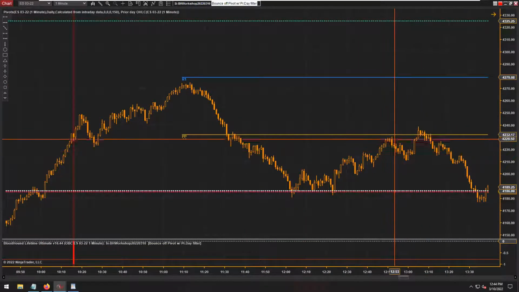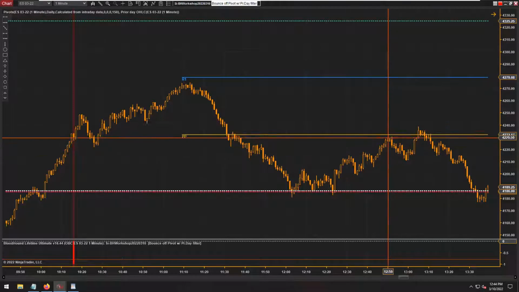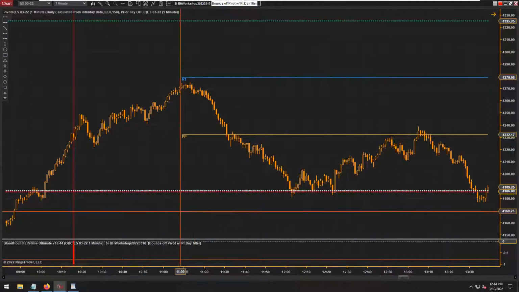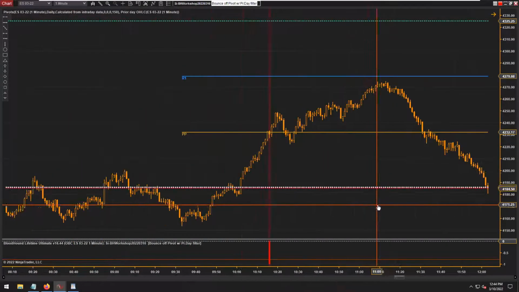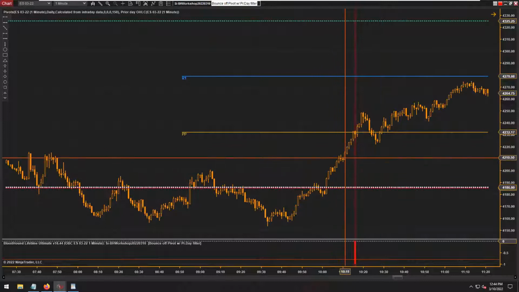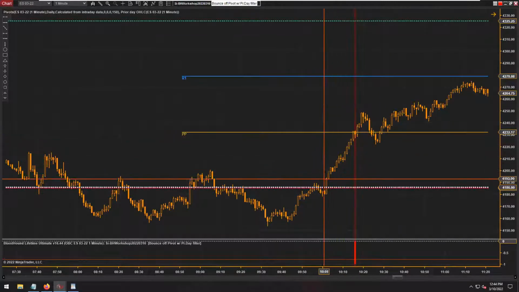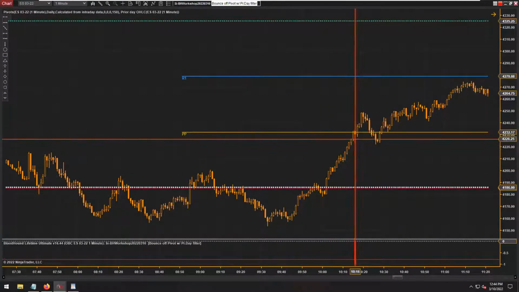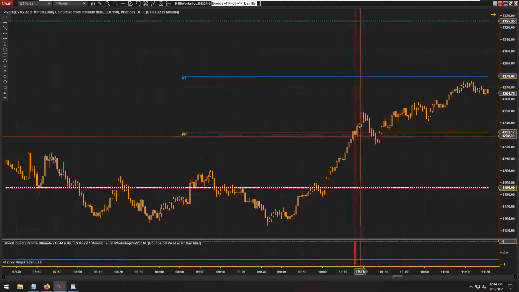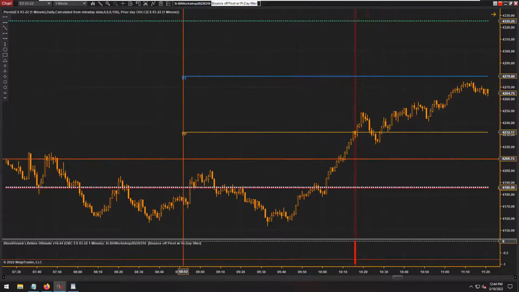My guess is price didn't get close enough there for that to be considered a bounce. And there we go. Price comes up, bounces off for 1 bar, and then continues on through. Good.